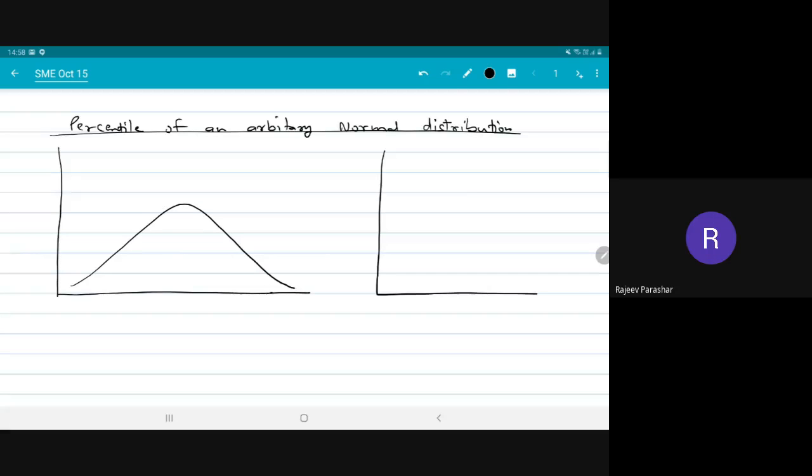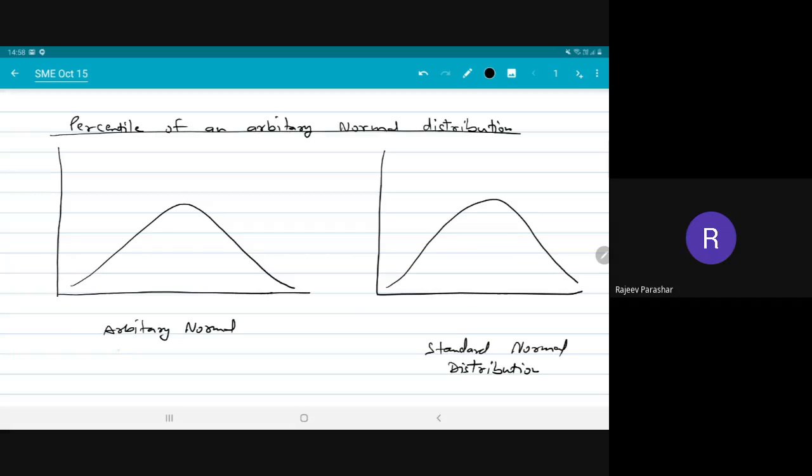To the right of it, I am drawing the standard normal distribution. We have x here, f of x here.